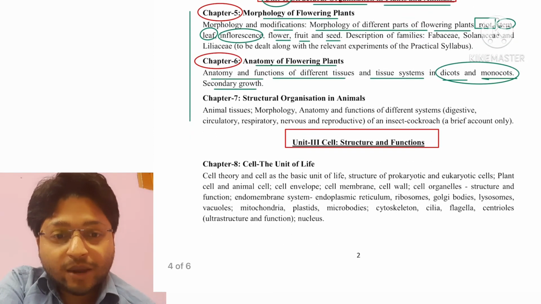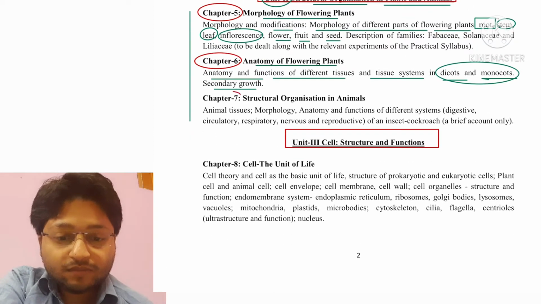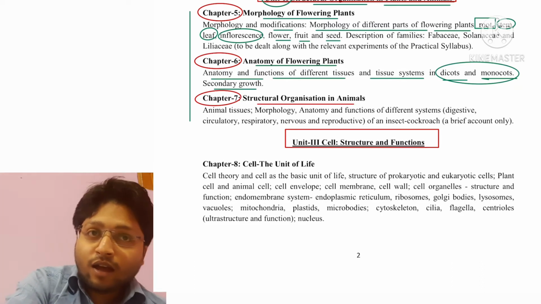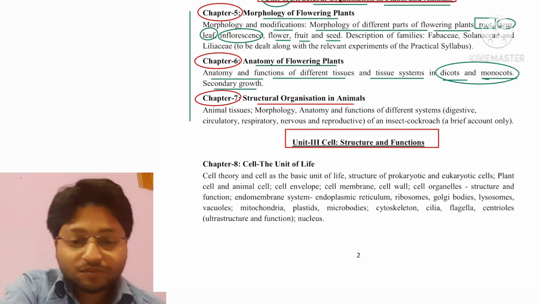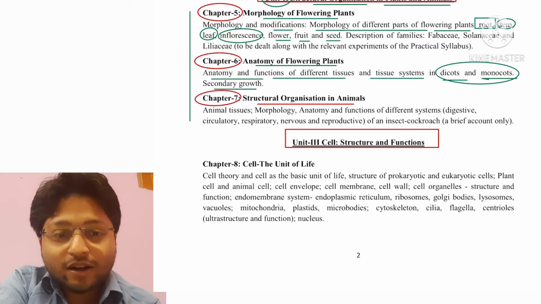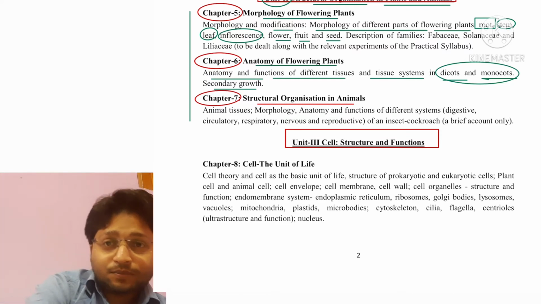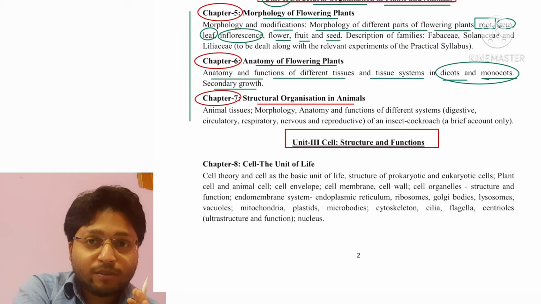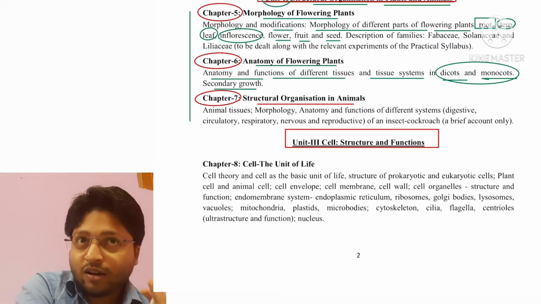Next, chapter 7, the structural organization in animals. After completing the plants, we will enter into the animals. So in this chapter, we know that the body of every animal is made up of 4 types of tissue, right? Number 1, epithelial tissue.